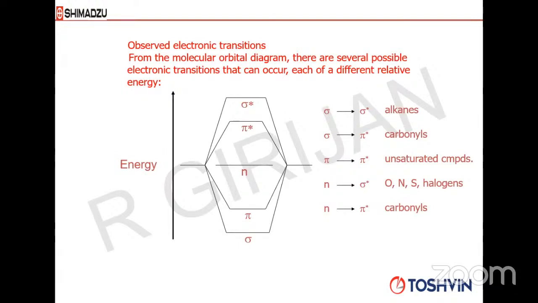And this happens in the case of only saturated hydrocarbons, alkanes, somewhere around 140 nanometer to 150 nanometer. So when I ask students, suppose you are using normal hexane as a solvent in UV. Normal hexane is a very widely used solvent in UV for making solutions, and people say normal hexane is a UV transparent sample.